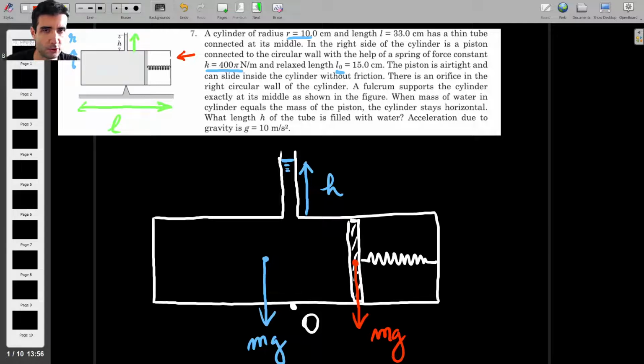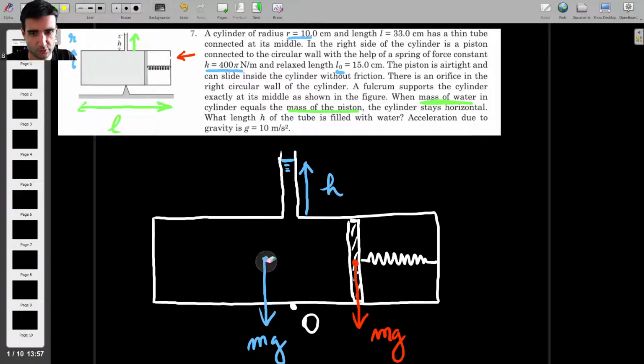It means that those two forces are equal to each other, because what we know is that the mass of the water, it says here, equals the mass of the piston. So because the two moments are the same and because the two forces are the same, the two moment arms are the same as well.